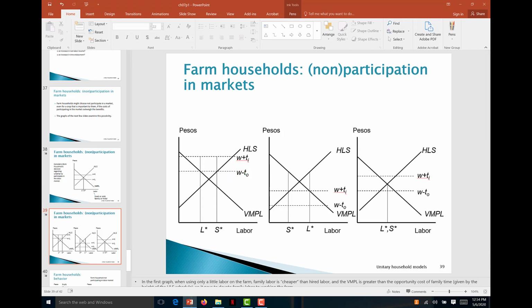So in this case, the situation is different in the sense that the household can improve its utility relative to its autarky utility by selling some of its labor.